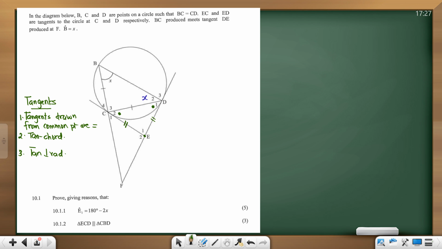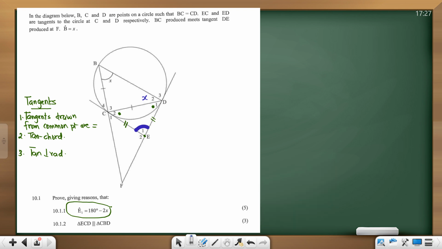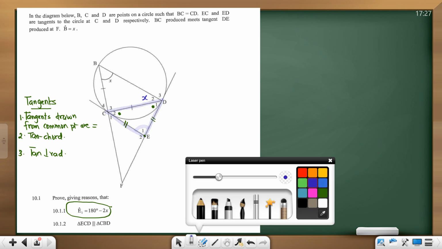Okay. Can I get any of the two? Because check. Now look at the question. The examiner says, go and prove that E1. Let's look at E1. You would notice E1 is in a triangle. Oh, I am done.